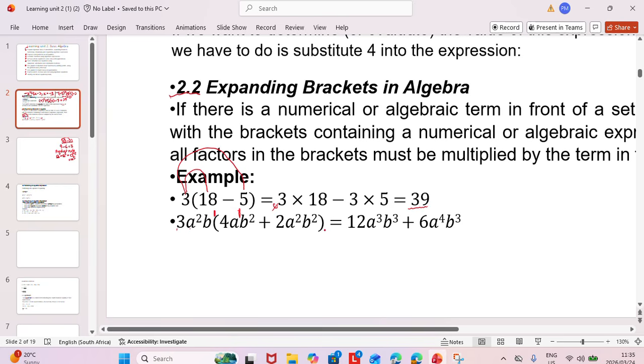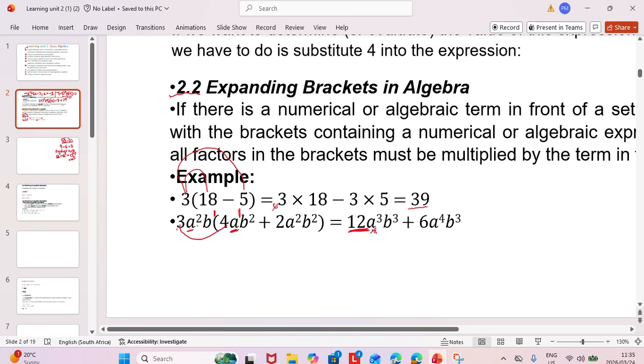So we are going to apply the distributive law and the product rule. So this is what we need to do here. 3 will multiply 4, then you will have 12. Are we clear? A to the power of 2 will multiply this a to the power of 1. The bases are the same, you are multiplying, you are going to add 2 plus 1.